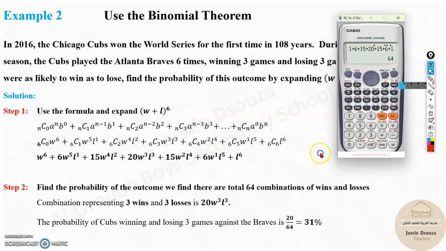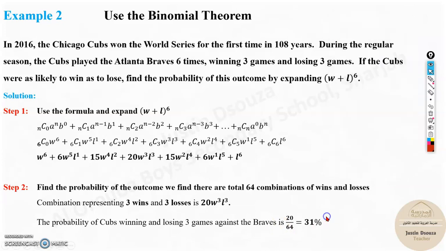The desired probability is 20 divided by the total outcomes. Total outcomes was 64. We get the probability, that is 31.25%. So you just divide it, it's about 31%, or you can multiply this by 100 to get the percent. It is 31.25 or 31. So this is how we get the answer. I hope it is clear. So once you expand, you need to add up all the coefficients.